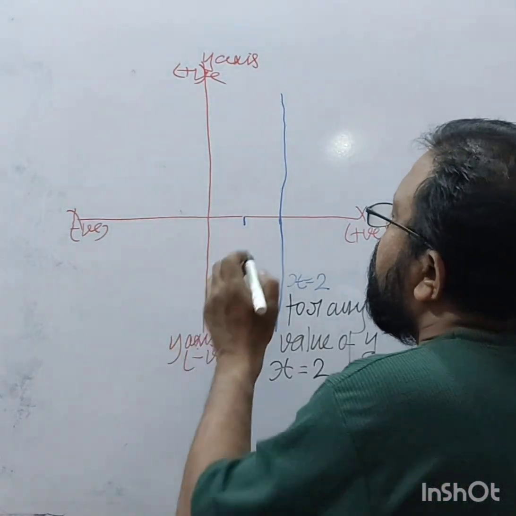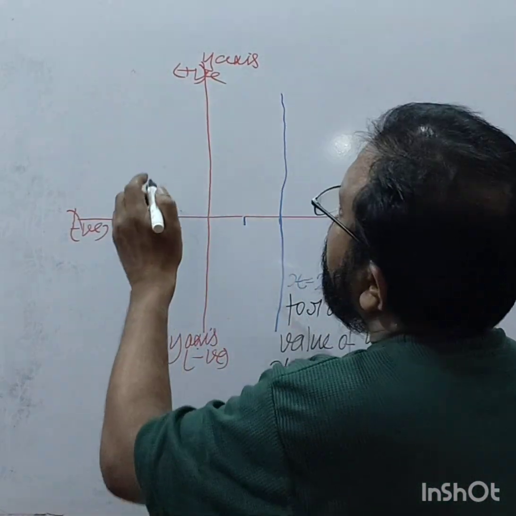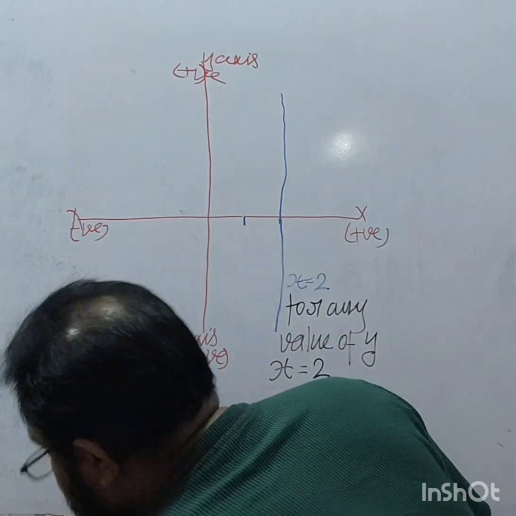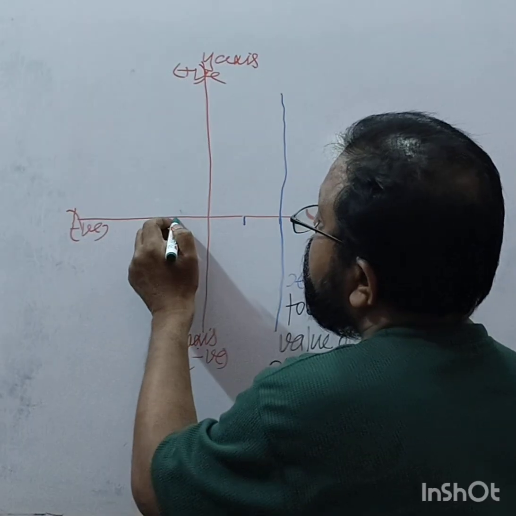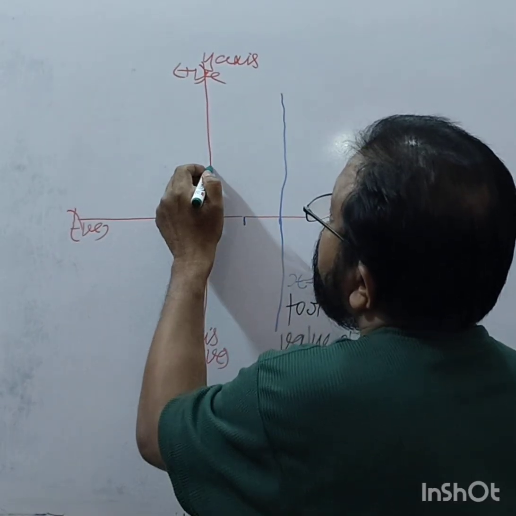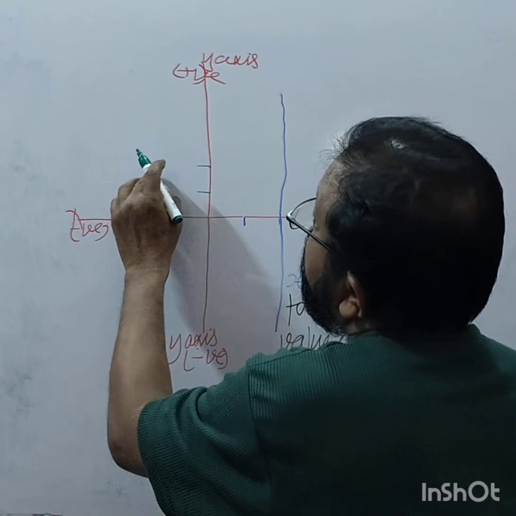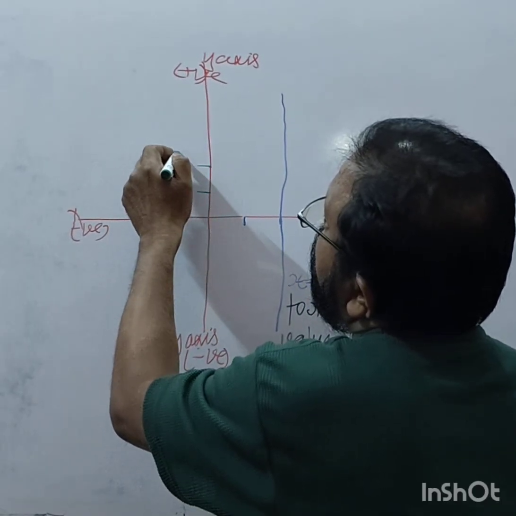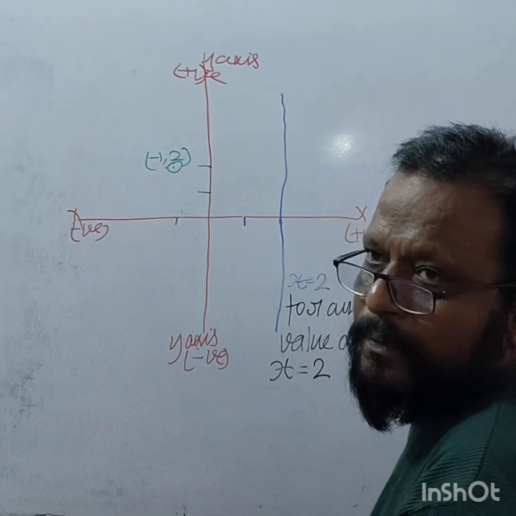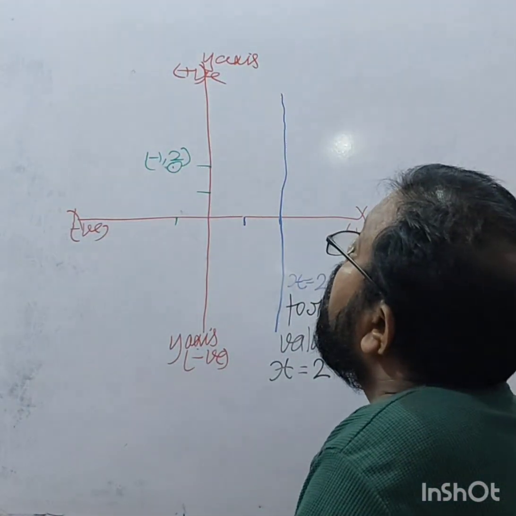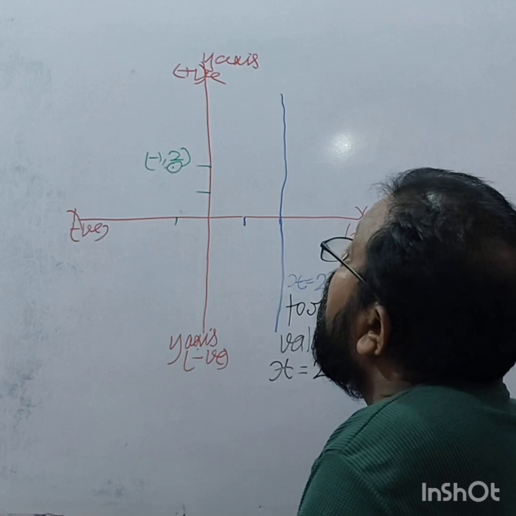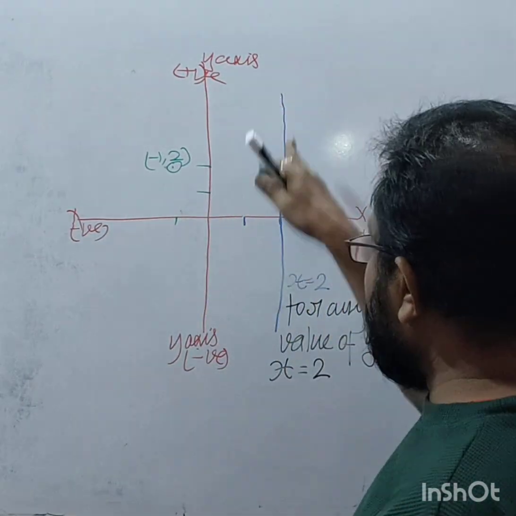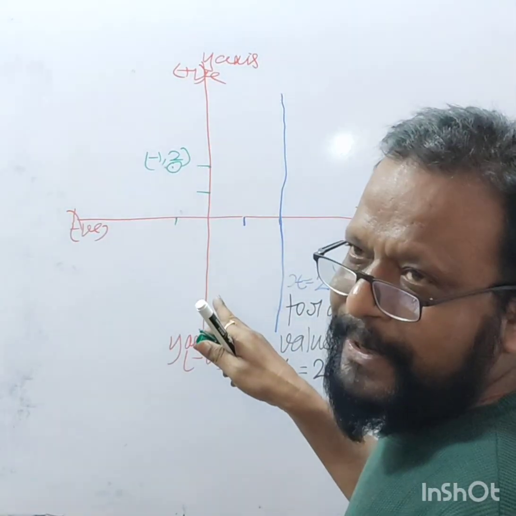Right? Say there is a point (-1, 2), right? You need the reflection with this line, right?